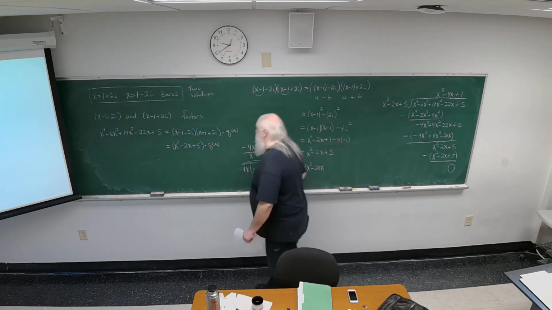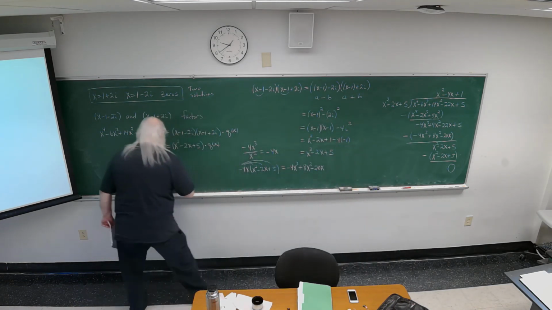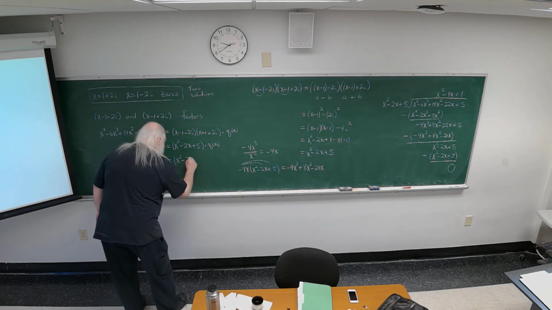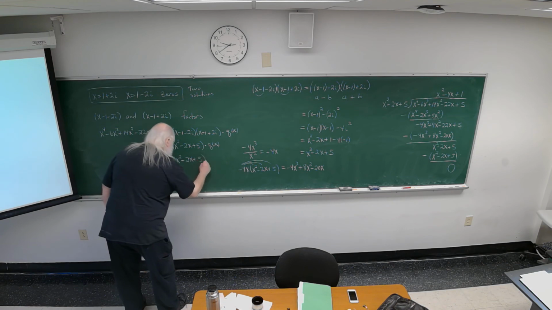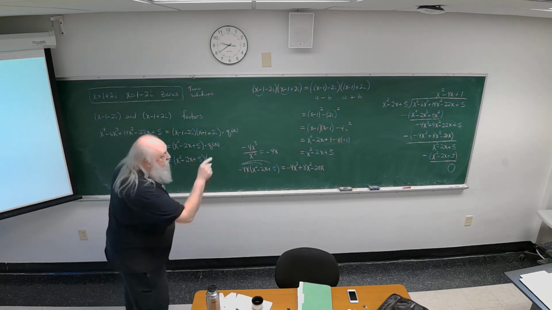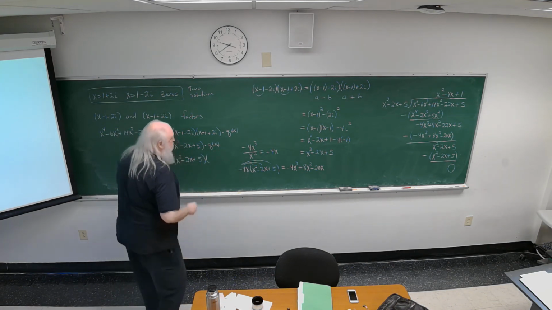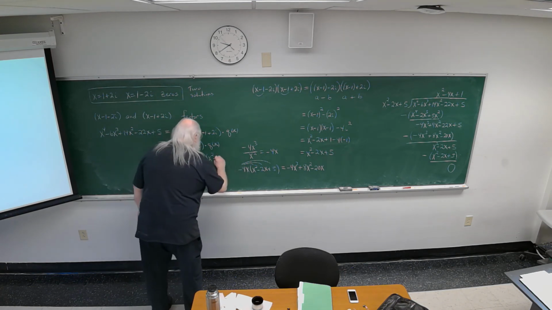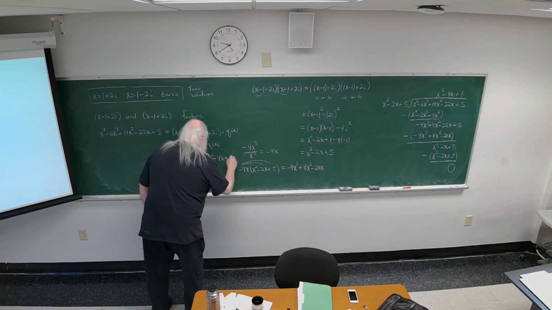So q of x over here is equal to the quotient over there, x squared minus 4x plus 1.